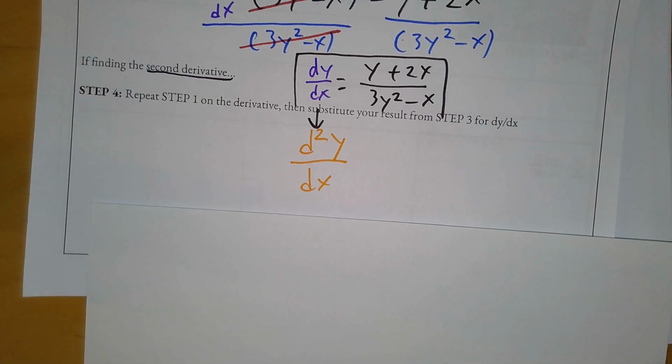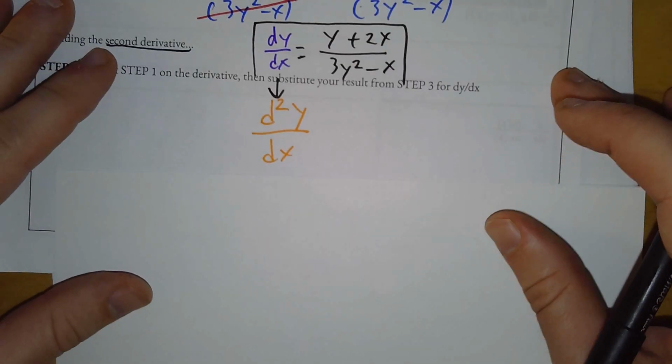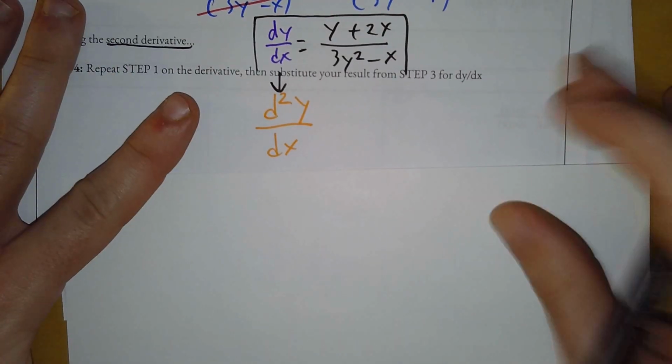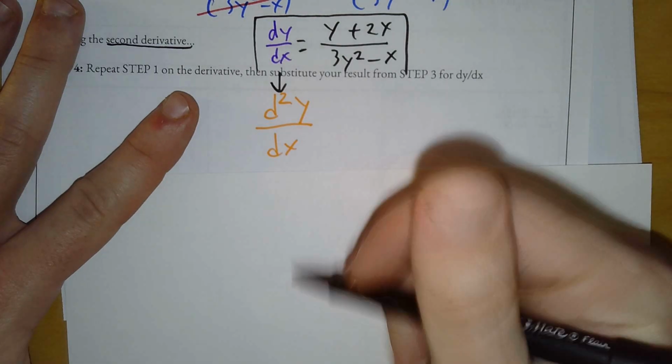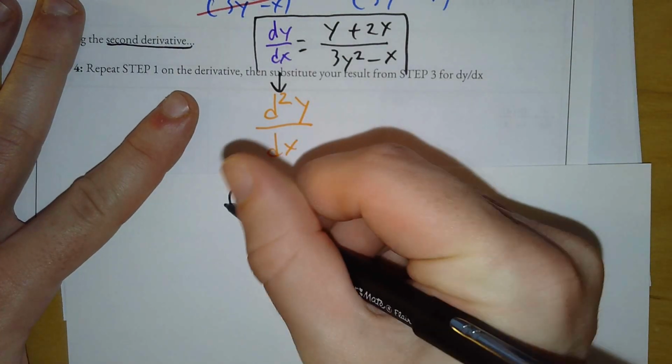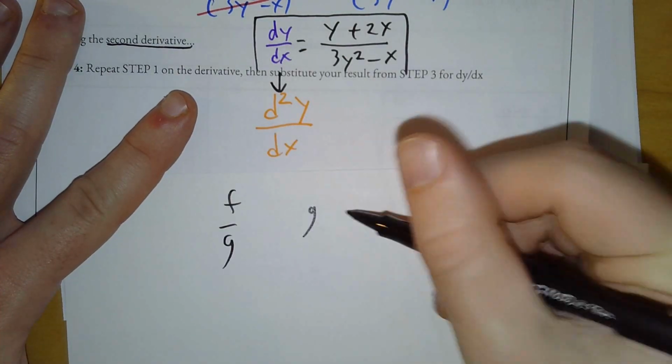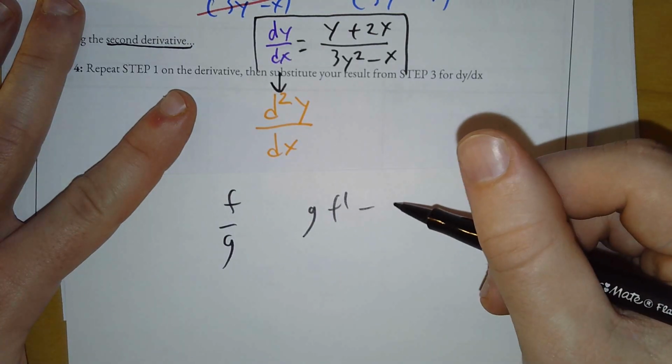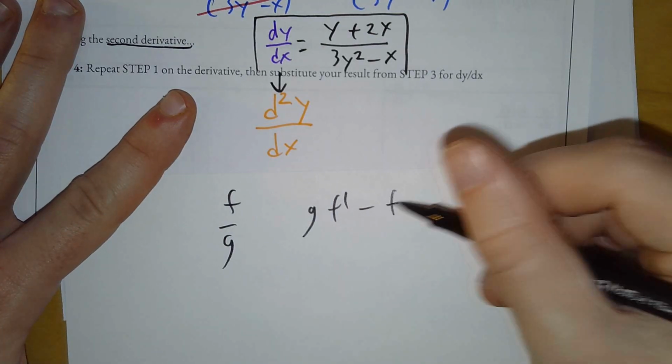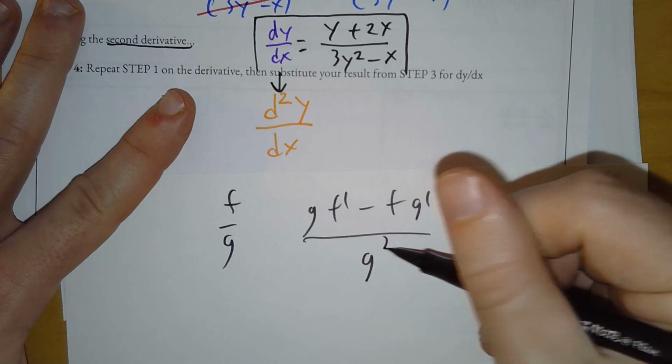Because this is quite an intense quotient rule, I'm going to take a lot of time to label it. Remember, we have f over g, and it's going to be g f prime minus, so again, low d high minus high d low over low squared.